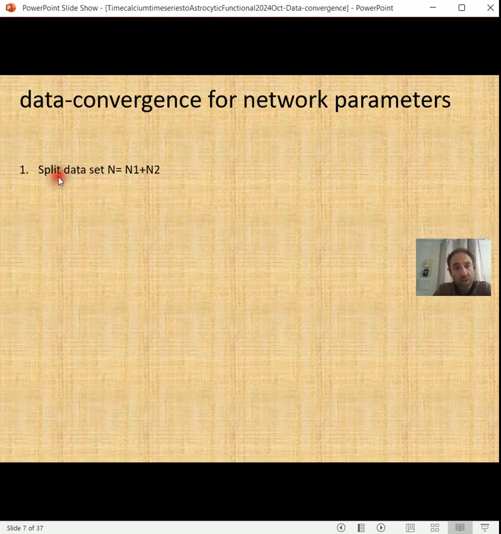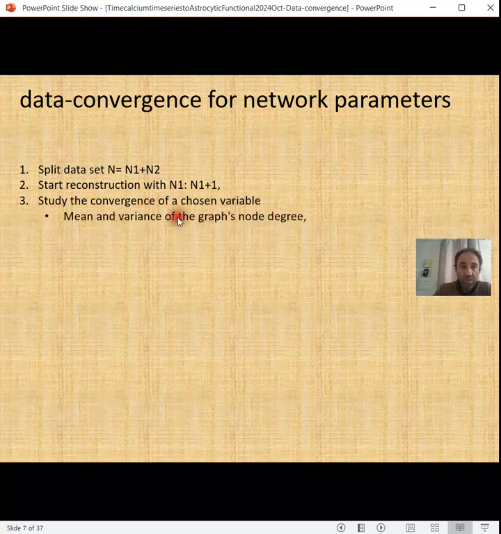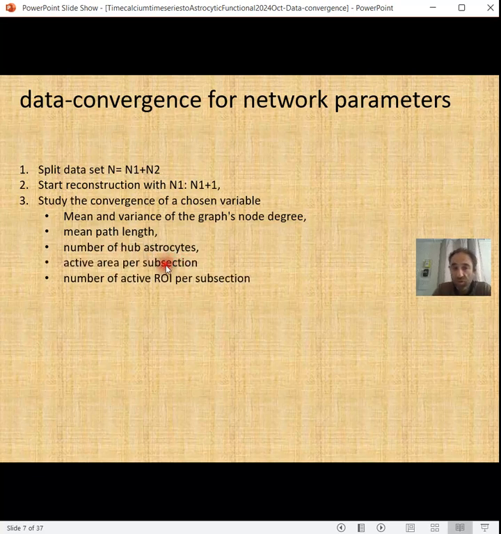So the way it works, you can split your data set N between N1 and N2, where basically you start with N1 and increase your data set. You choose a certain number of variables of interest, such as the mean and variance of the graph node degree, or, as we said, the mean path length, the number of hub astrocytes or neurons, whatever you're interested in, whatever the signal is coming from.